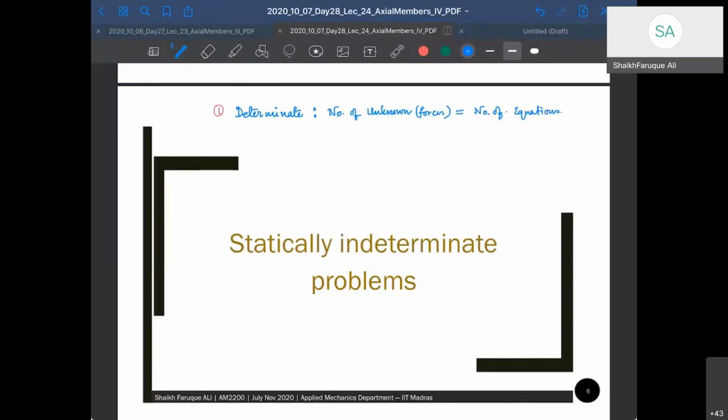And the second is indeterminate problems: the number of unknown forces is greater than the number of equations. What do we do in those cases?